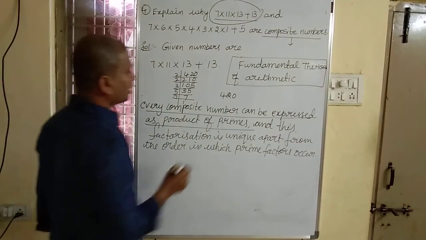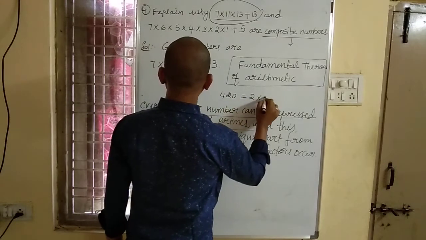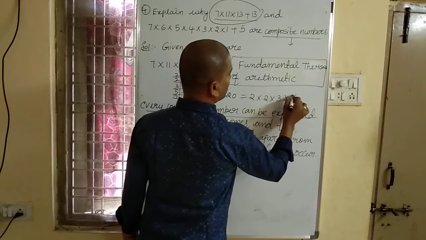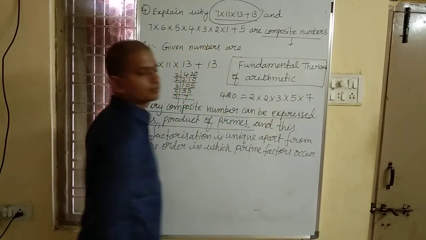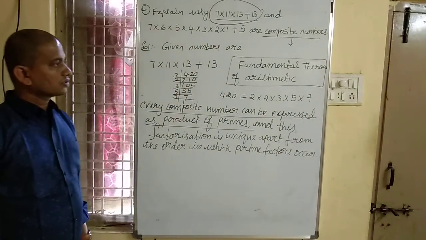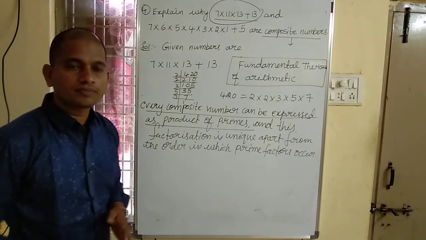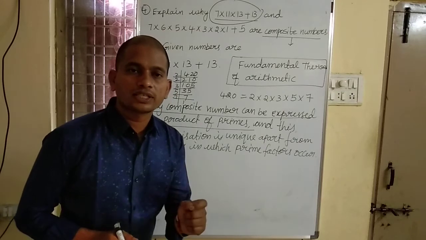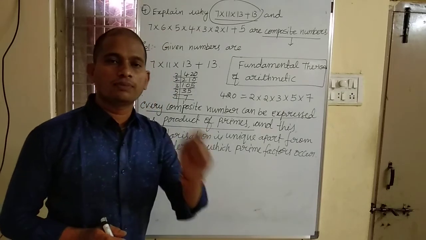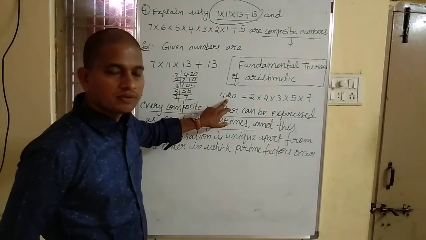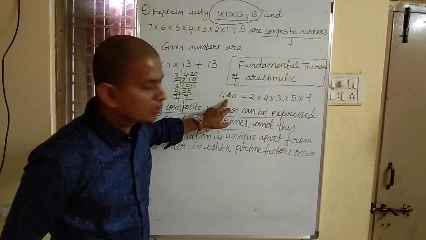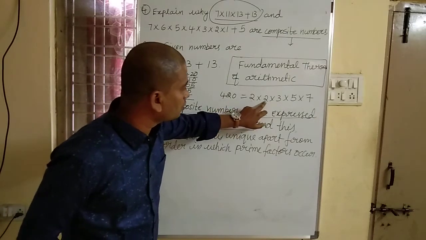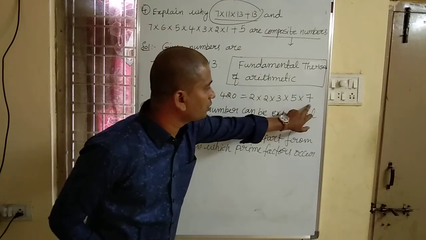So 420 I can express as 2 into 2 into 3 into 5 into 7.